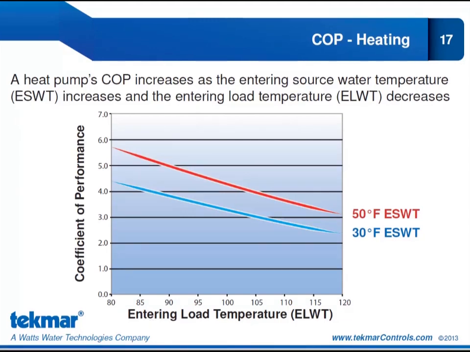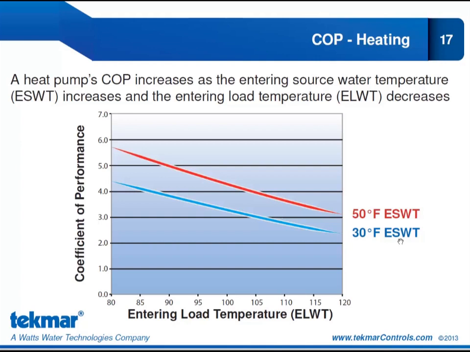So this shows us that the coefficient of performance is not a steady state number. The efficiency of a heat pump does change. And so when we have the colder outdoor temperatures, you can imagine our entering load temperatures are going to be on the higher end. And you can imagine our entering source water temperatures will decrease as well.